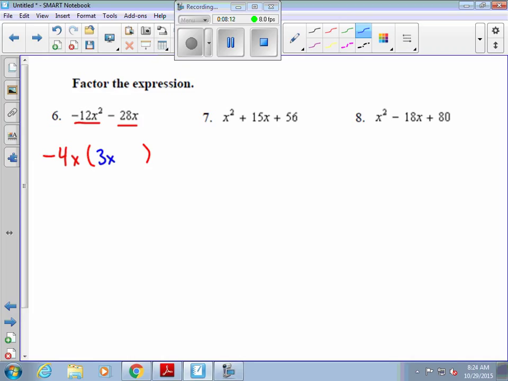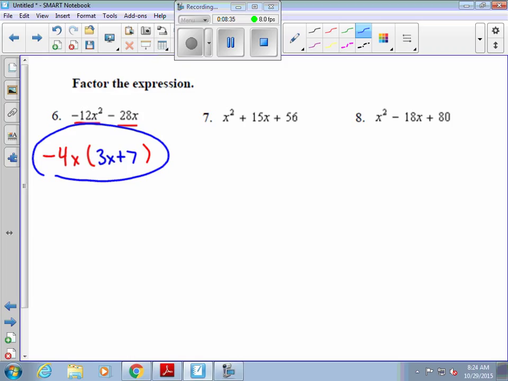Also, what times negative 4 gives you negative 28? That would be a positive 7. And if you multiply x times 1, which you don't have to write, you get x to the first power. So this is your factored out version. You took out negative 4x, and it's multiplying by 3x plus 7.